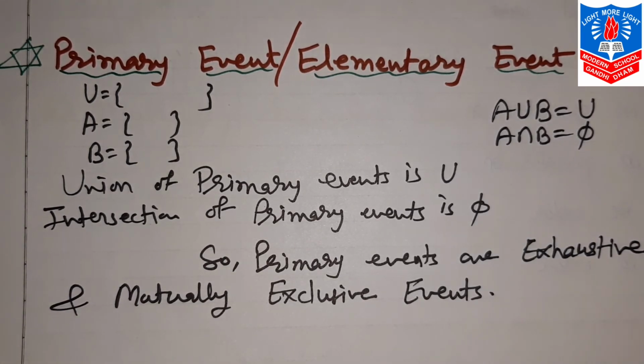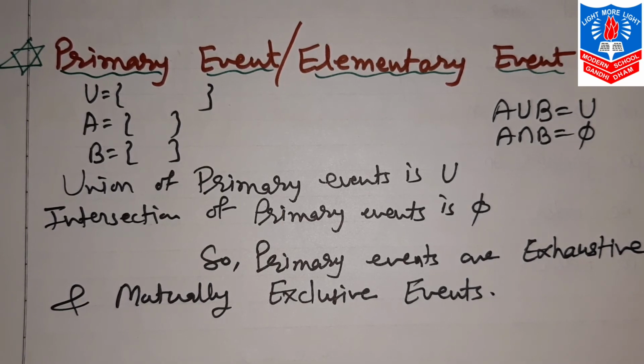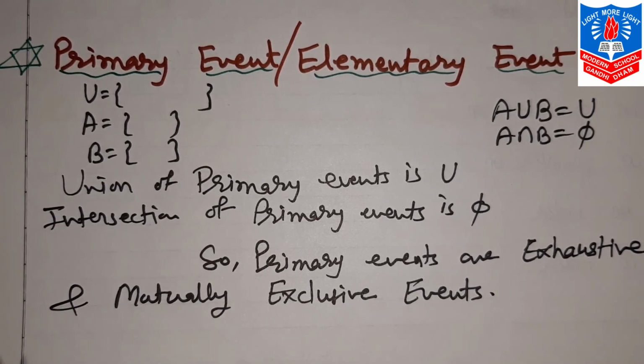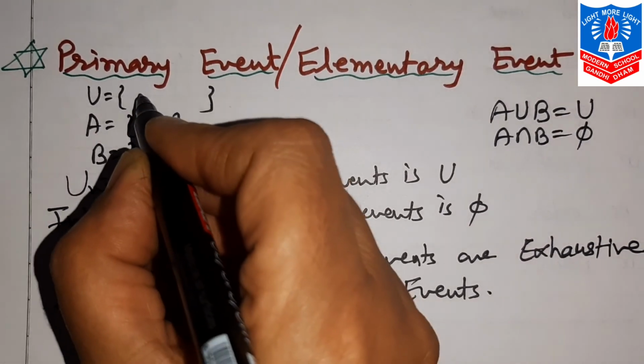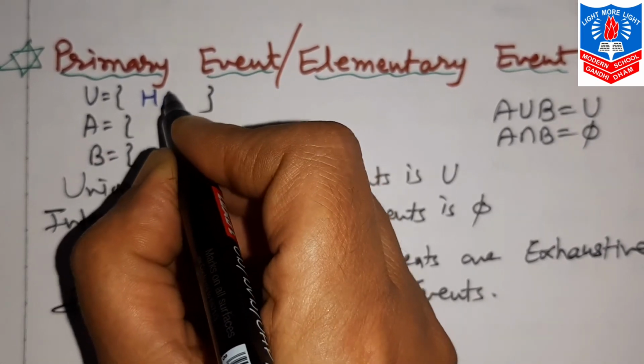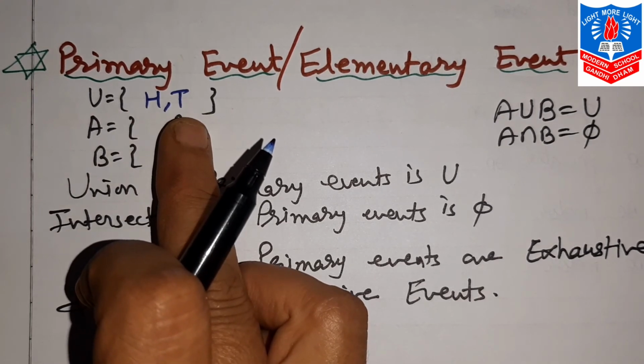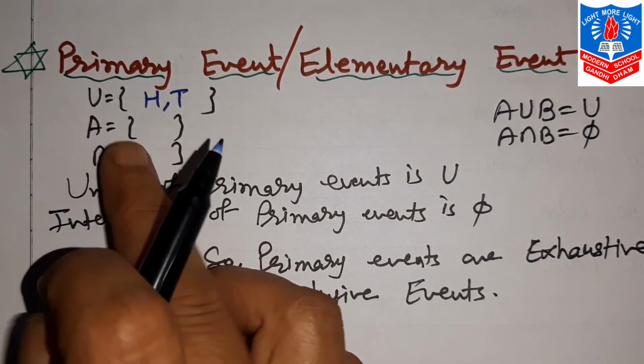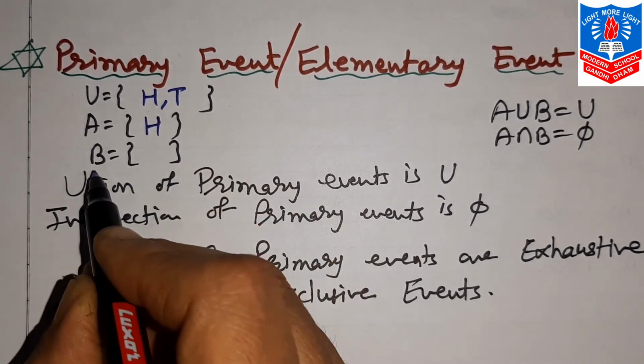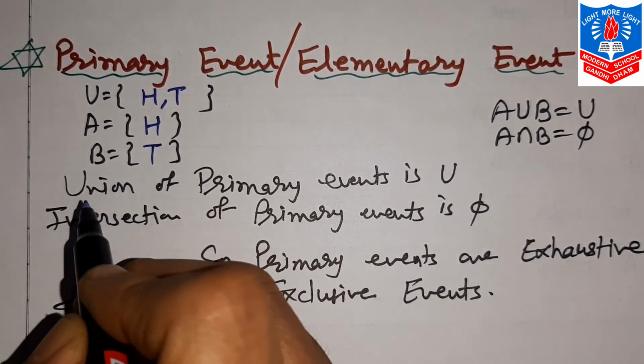Now it will be more clear if we take an example. Here the example I am taking is that one coin is tossed. So what possible outcomes will U be? H or T only, because one coin is there. Now event A is that head comes, and event B is that tail comes.